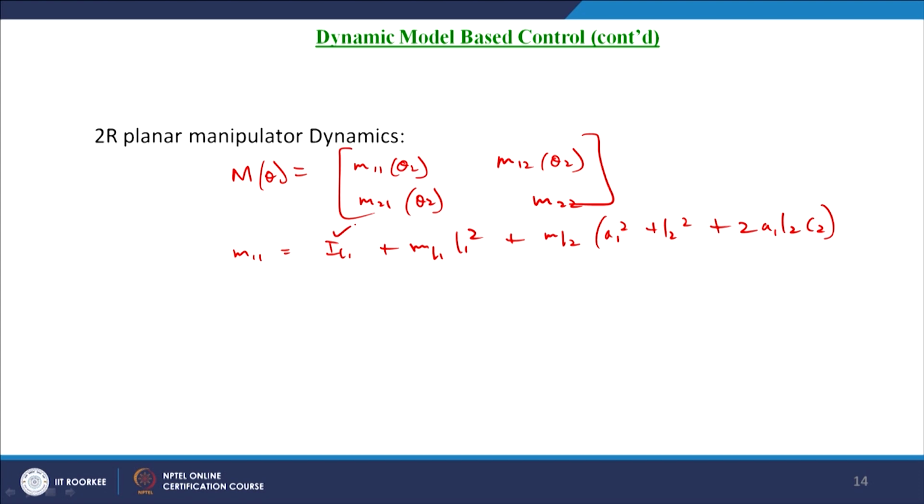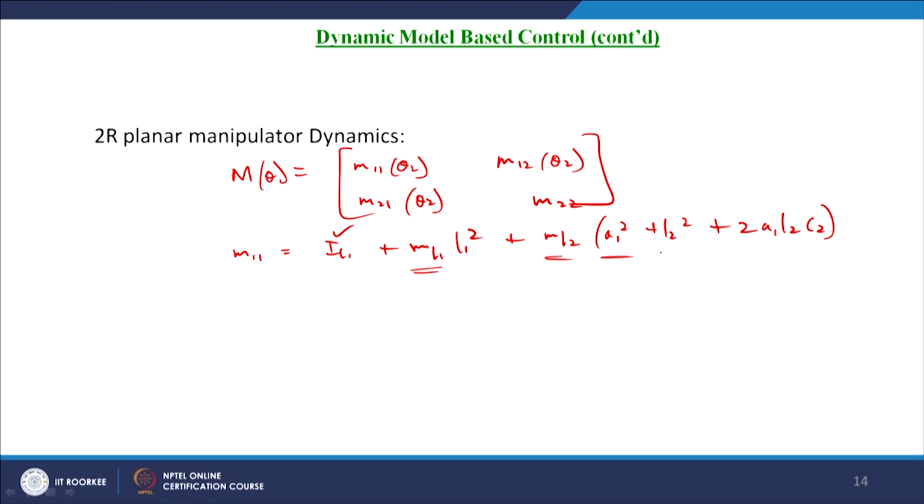where I L1 and I L2 are nothing but the moments of inertia relative to the center of mass of links L1 and L2. I repeat, I L1 and I L2 are the moments of inertia relative to the center of mass of the links L1 and L2. M L1 is the mass of link L1 and M L2 is the mass of link L2.